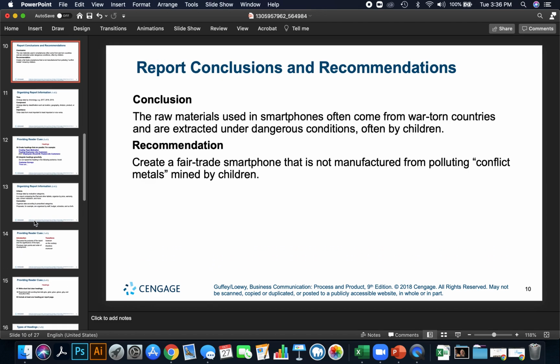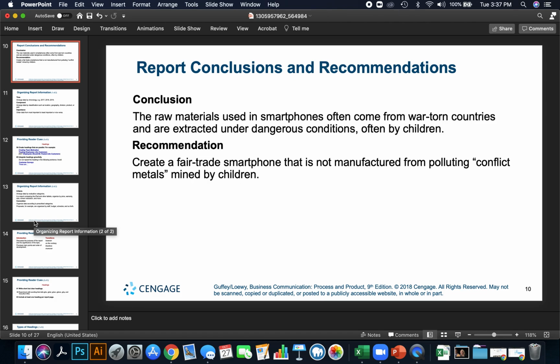Report conclusions and recommendations. A conclusion is the raw materials. A conclusion, for example, is: the raw materials used in smartphones often come from war-torn countries and are extracted under dangerous conditions, often by children. You see how that is a conclusion?